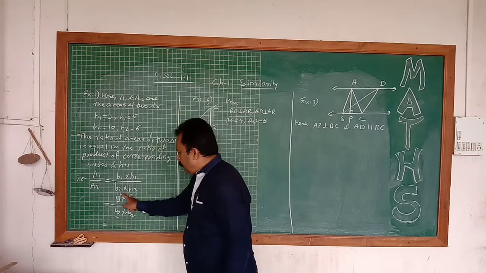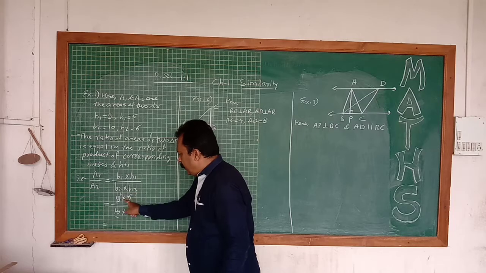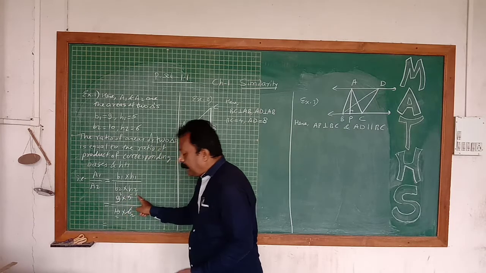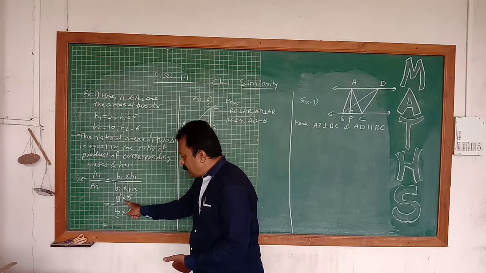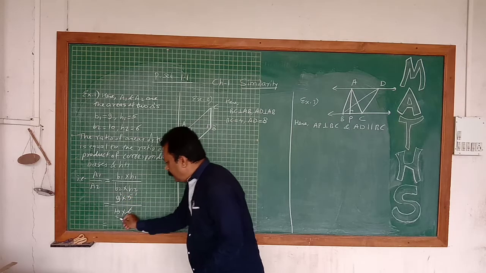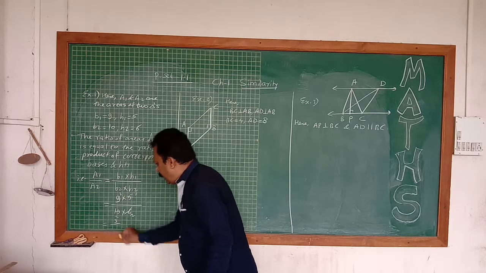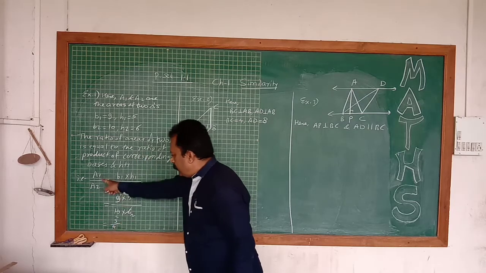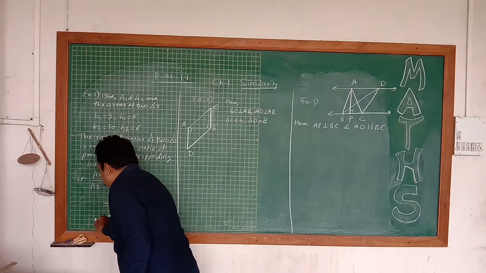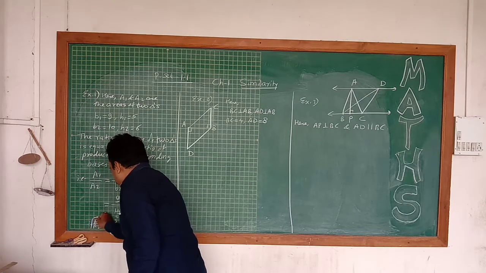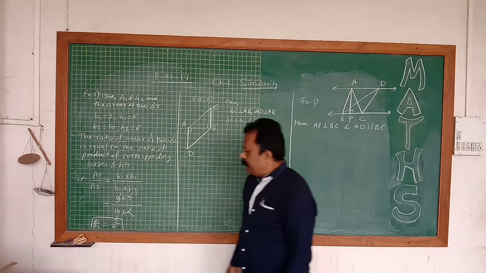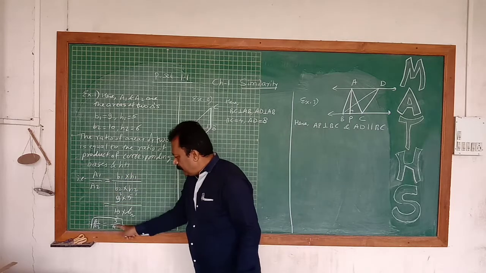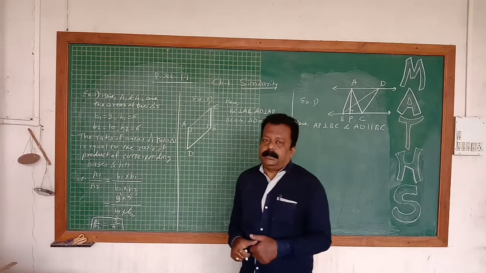Now what did you get? 3 and 1, 3 multiplied by 1. Don't write 31, because a multiplication sign is there. So 3 into 1 is 3, divided by 2 into 2 is 4. Therefore, A1 upon A2 is equal to 3 upon 4. So we got the ratio, A1 upon A2 is equal to 3 upon 4.